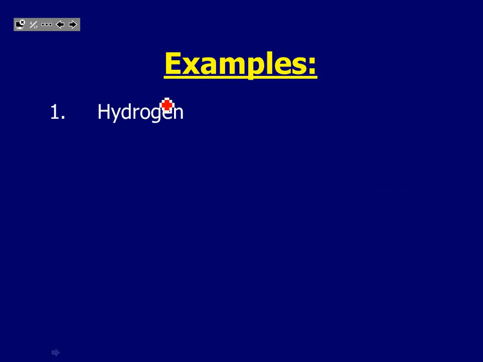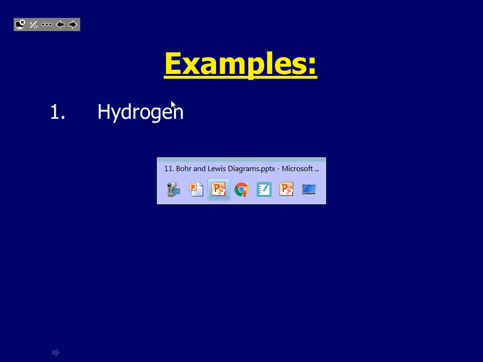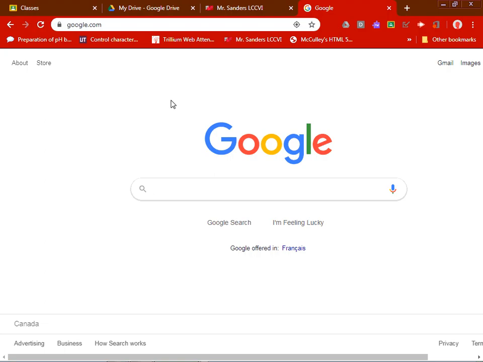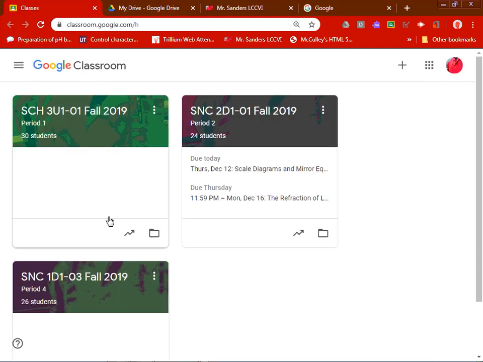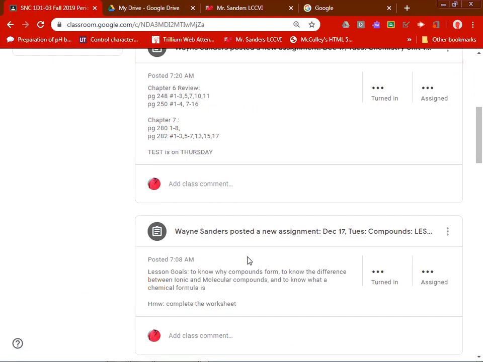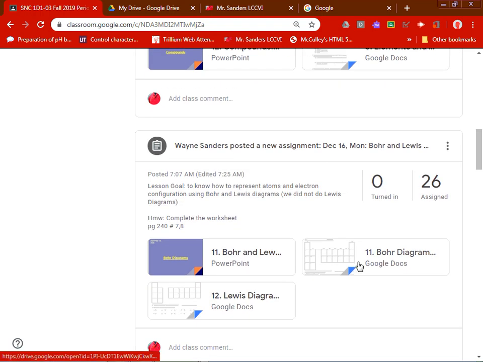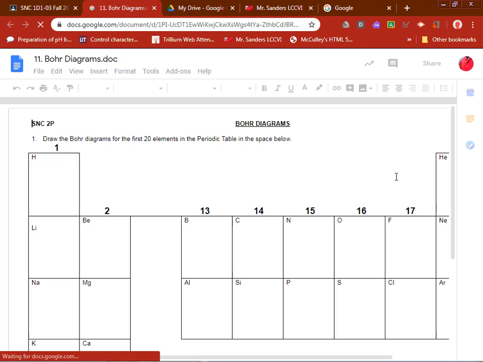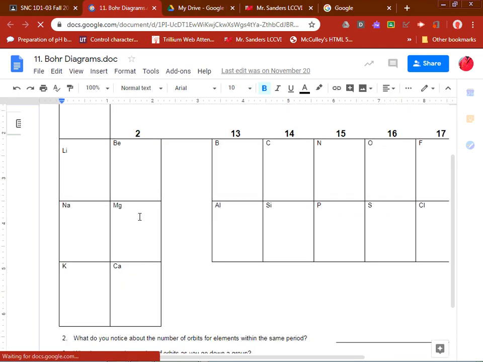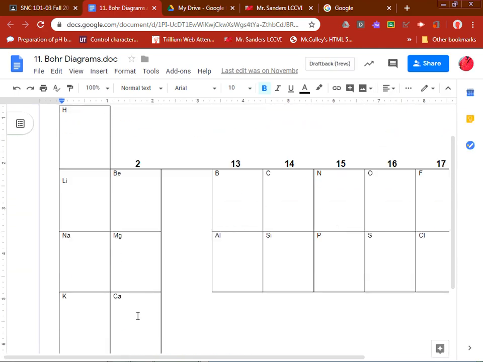Now, here, let me show you a sheet that we have on Google Classroom. If you go to Google Classroom, I have a sheet that says, down here, Bohr Diagrams, and it's essentially a chart where you can try to draw all those Bohr diagrams, because we're going to draw all the way down to calcium, okay?